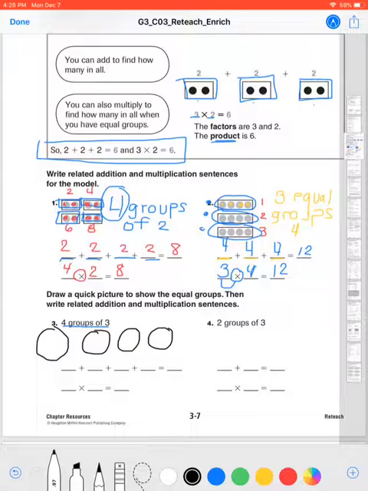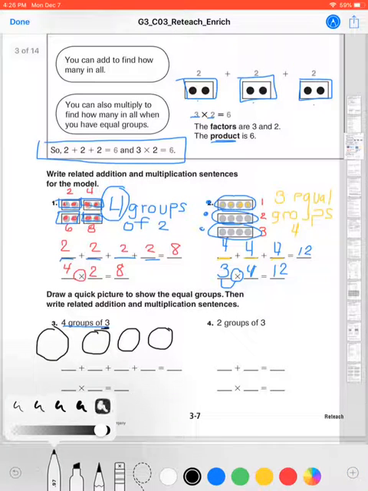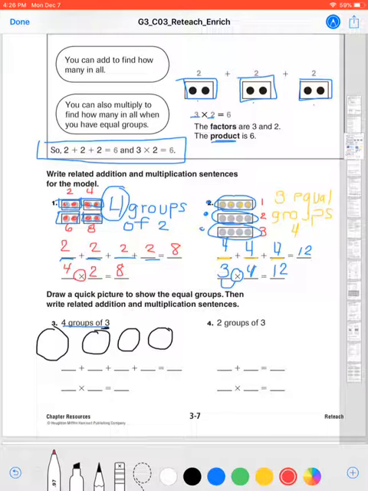And then the number that comes after the of tells us how many to put into each group. So we are going to put 3 into each group. Ready? 1, 2, 3. 1, 2, 3. 1, 2, 3. And 1, 2, 3.